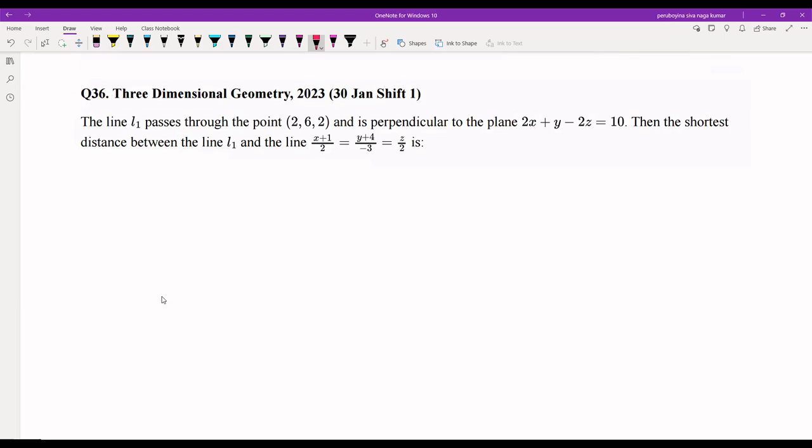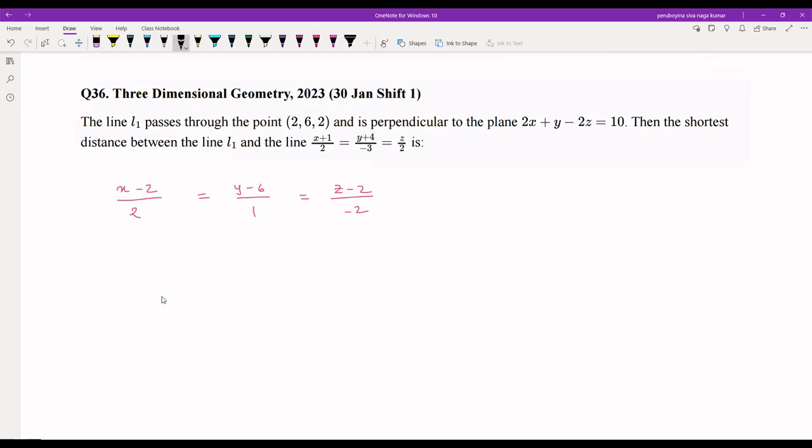Okay, it is a passing point: x minus 2, y minus 6, z minus 2. And perpendicular to this plane, so you can use these DRs, and this is minus 2. So we created a line equation using this concept.